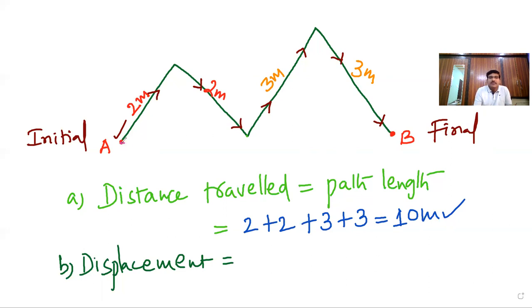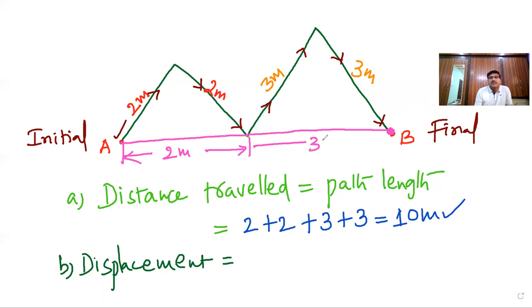So from the initial position to the final position, this A to B is the displacement. Since it is an equilateral triangle, this side also has the same length, 2 meters. And this side is equal to the bigger triangle, 3 meters. Clear? Now completely, 2 meters plus 3 meters, 5 meters is the displacement. Shortest distance from here to here.